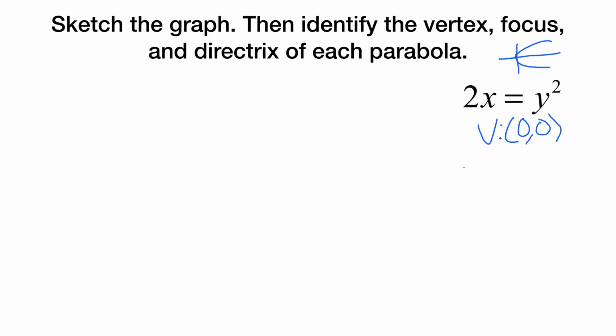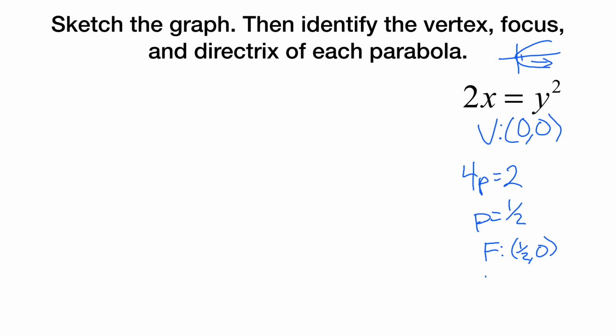Now, 4p is equal to 2. That means p equals 2/4 or 1/2. That means, let's see, our focus is going to be at 1/2, 0 because it's going to be moving to the right.